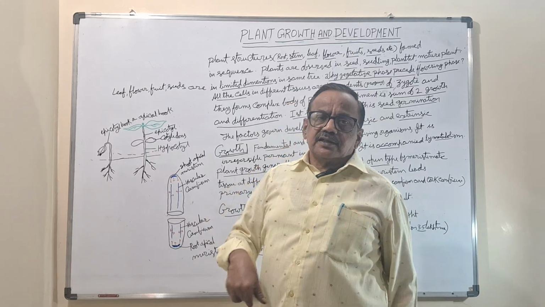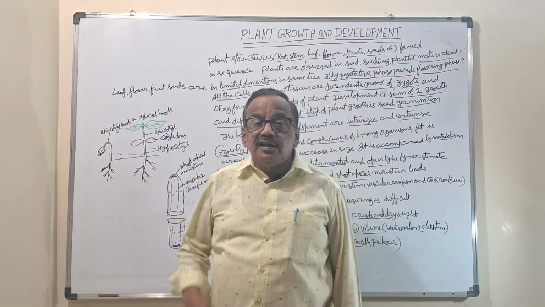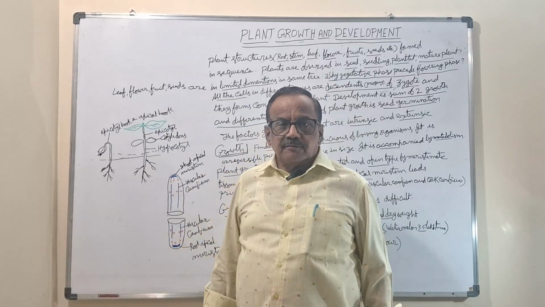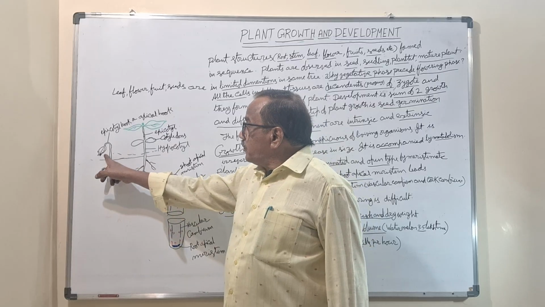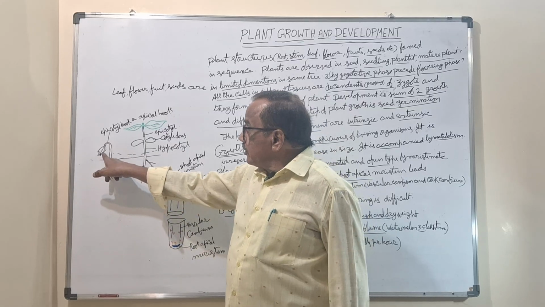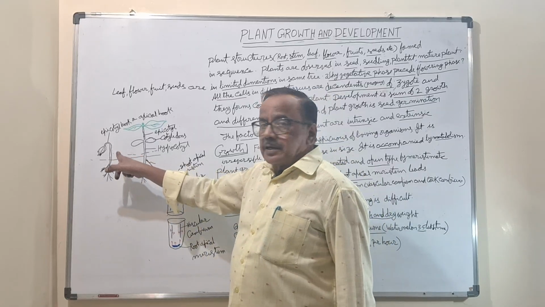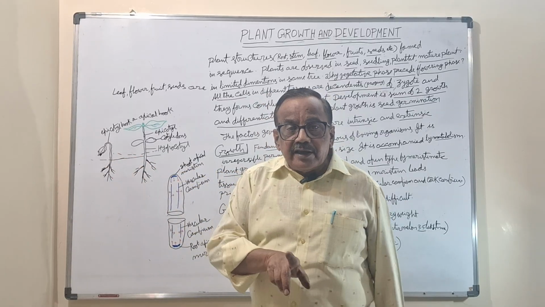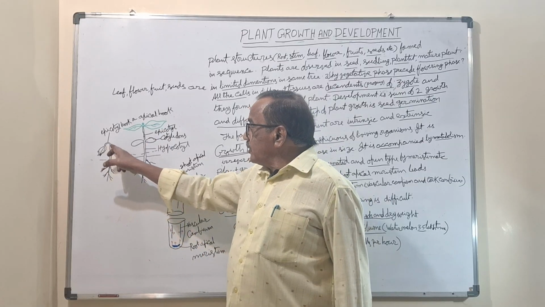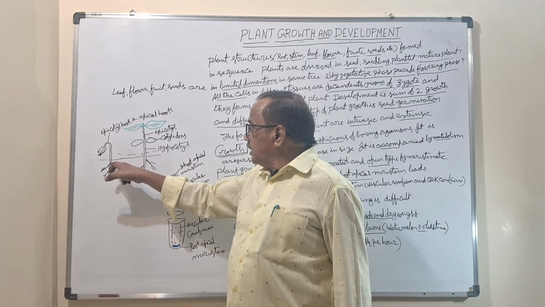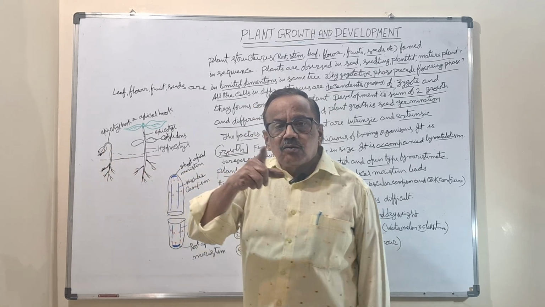Here one more connection is there. He used the words apical hook formation, ethylene. It will come later on. What is the apical hook? The apical hook protects the embryonal axis which is present inside the cotyledons. The apical hook formation is done by the hypocotyl, which is below the embryonal axis. From here to here it is the hypocotyl. The hypocotyl forms the apical hook.